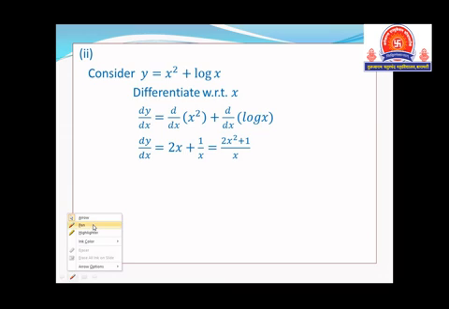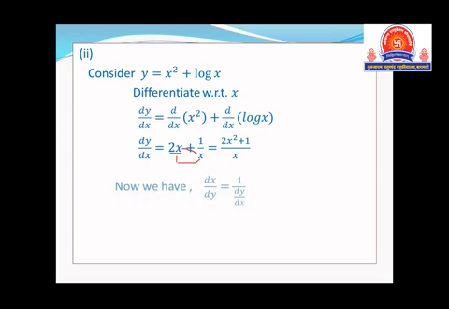Now cross multiply here, so denominator of 2x is 1 here. So 2x into x, so 2x square is there plus 1. Okay, 1 into 1 is 1, and 1 into x, it gives x.